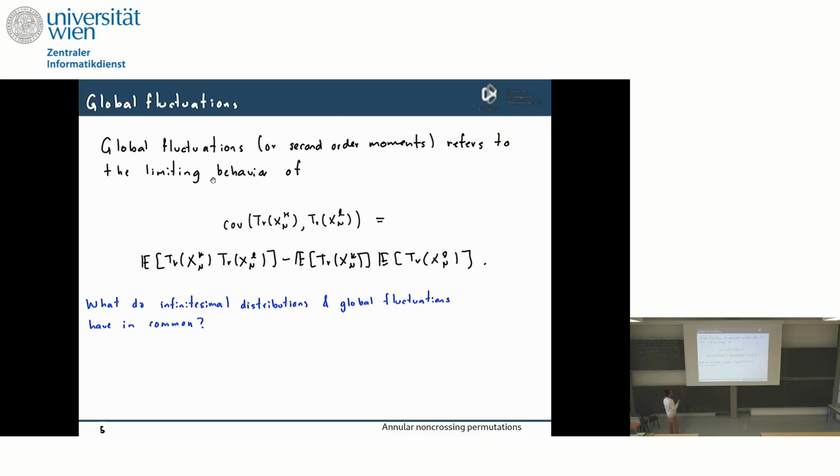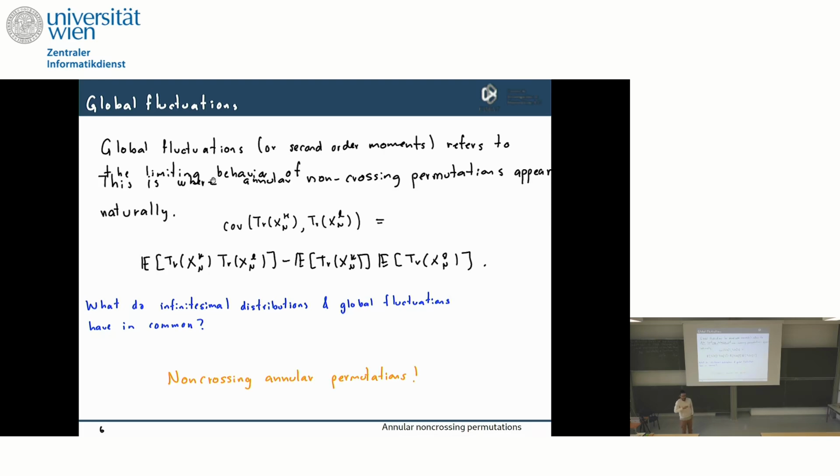So I can express this covariance as the expected value of a product of traces minus the product of the expected values of each trace. Now the question is, what do infinitesimal distribution and global fluctuations have in common? And I guess since this is a talk about annular permutations, it is not surprising that the answer is non-crossing annular permutations.